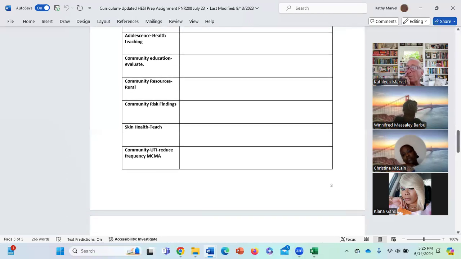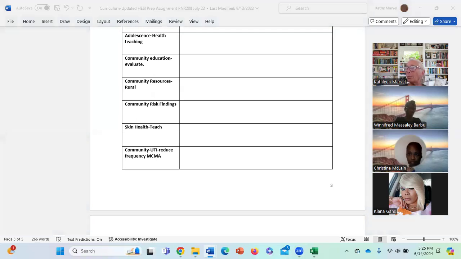Community education, evaluate. Let's say you've put together a program for seniors. How do you evaluate that your program has been successful? This HESI is very teaching focused, very outcomes focused. How do you evaluate?